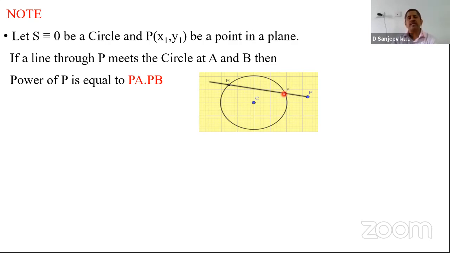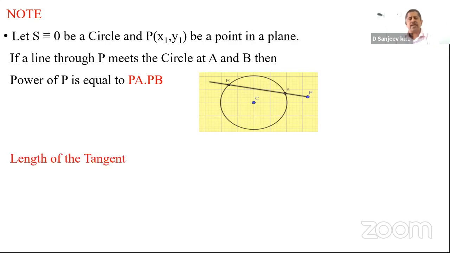So the power of the point is 0, which means S11 is 0. Now if you take the point P here, the point is inside. What is going to happen? You will get the value of PA not possible. So definitely the point P cannot lie inside the circle. It can be either outside the circle or on the circle.